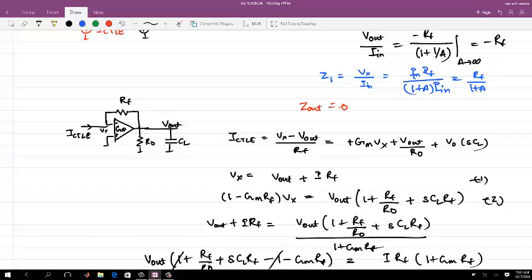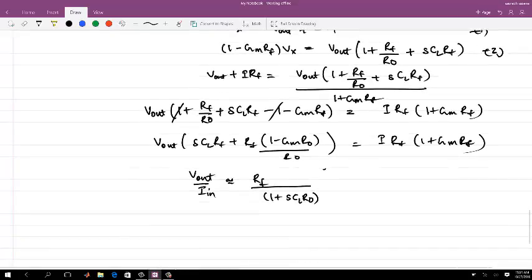A GM block is like a V2I, Vx to I. You know a transconductance block, right, which basically takes in the voltage and gives you the output current. And any transistor works like that. Any input pair transistor is a voltage controlled current source. Okay, so this is under approximation.